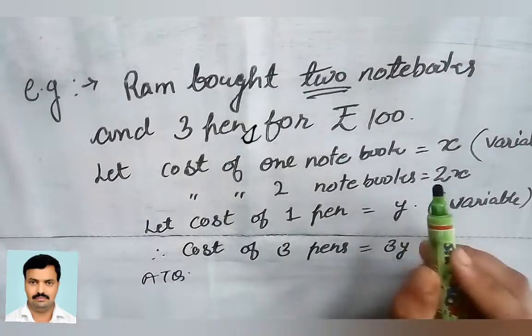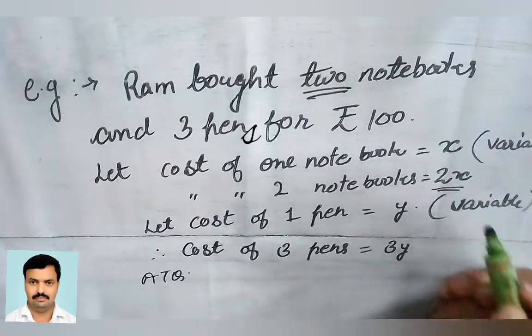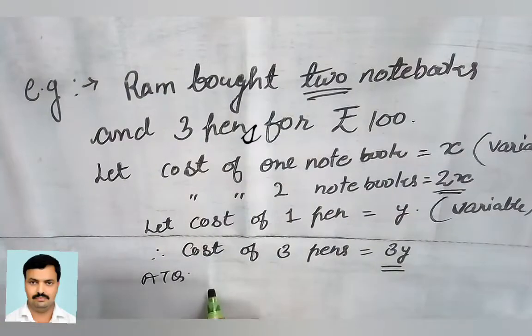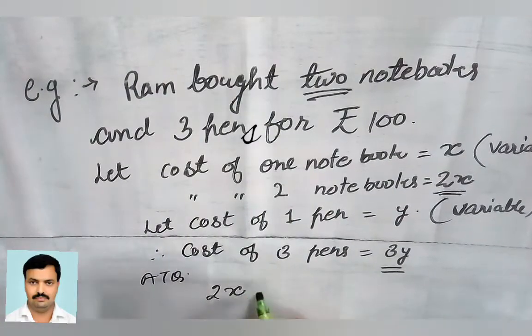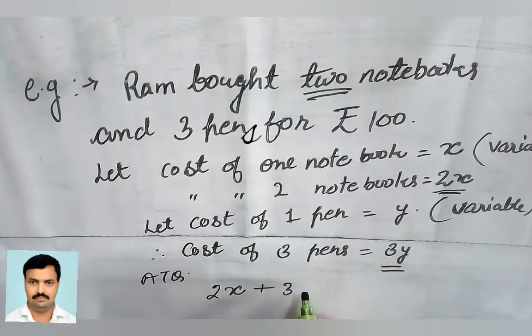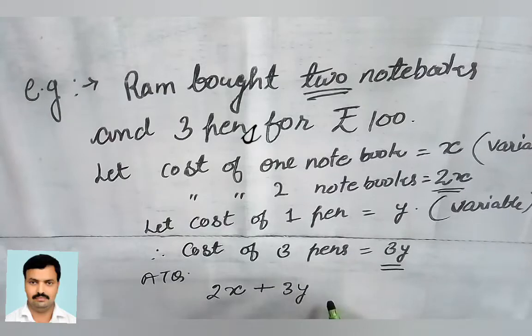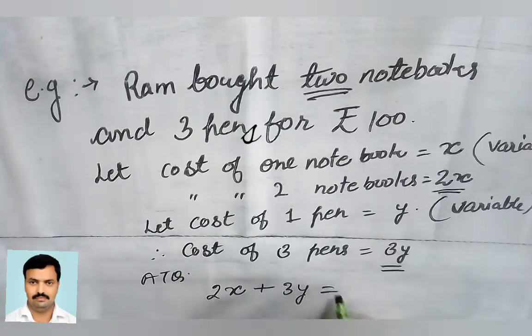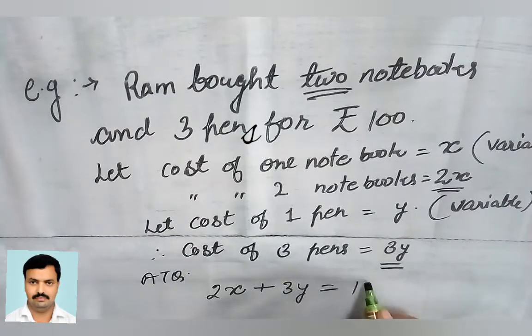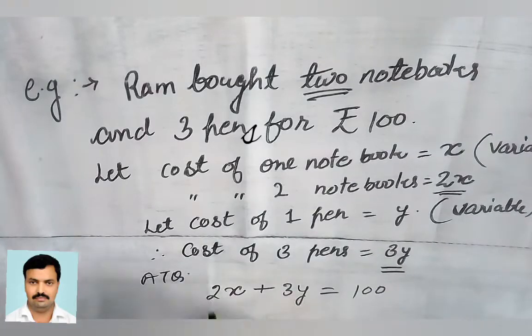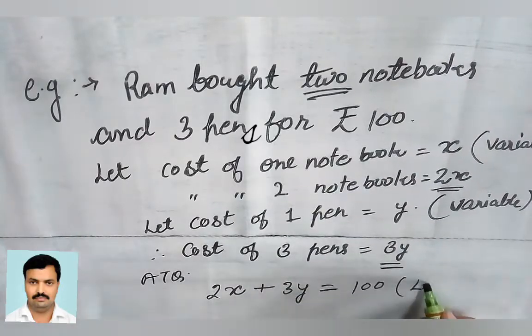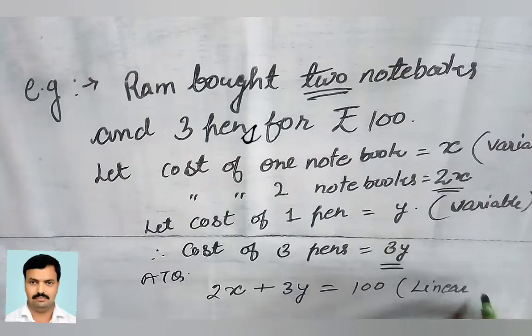And according to the question, the cost of 2 notebooks and 3 pens equals to rupees 100. So 2x plus 3y will be equals to rupees 100. So this is your linear equation in two variables.